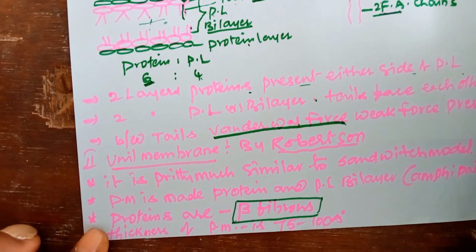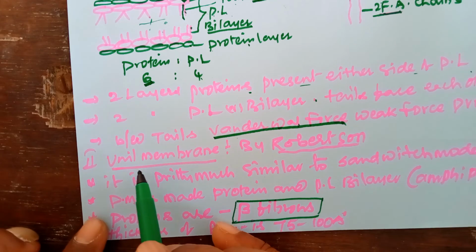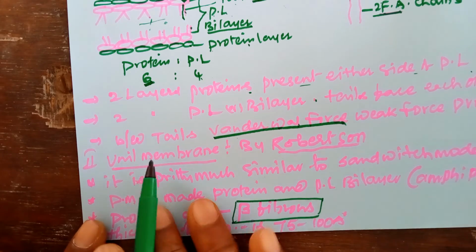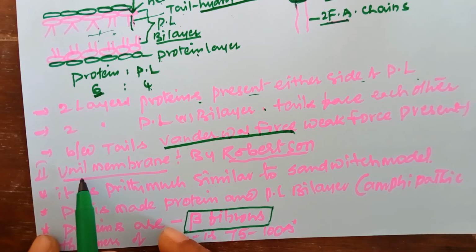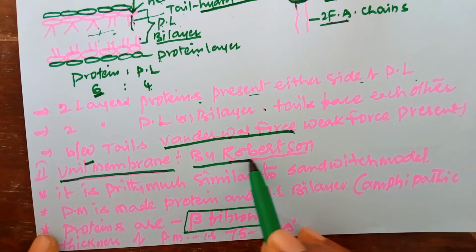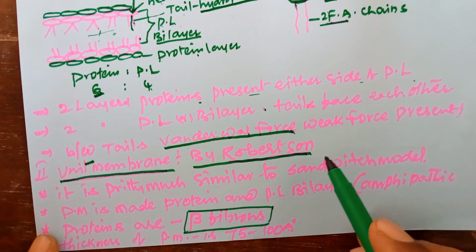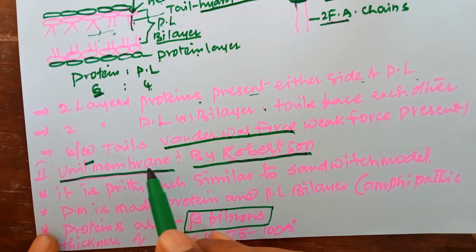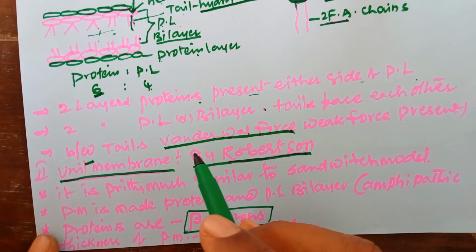Now come to the other type of model regarding the plasma membrane, that is called the unit membrane. The unit membrane was first explained by the scientist Robertson. The unit membrane is also pretty much similar to the sandwich model.